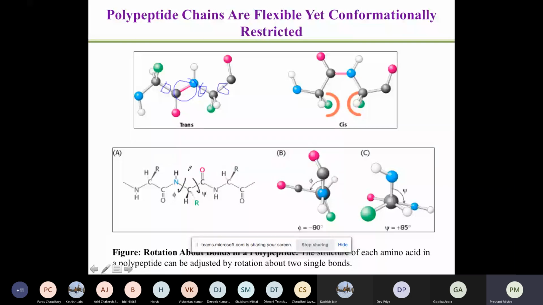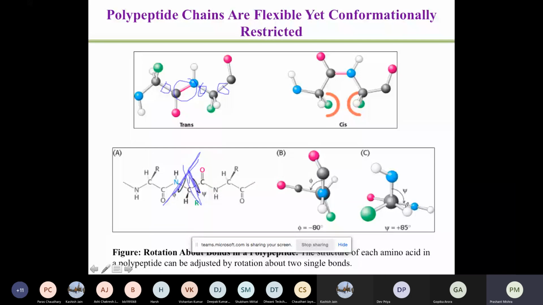Look at this bond between NH and CH, and another between CO and CH. These two bonds are flexible and they are referred to as phi and psi bonds.